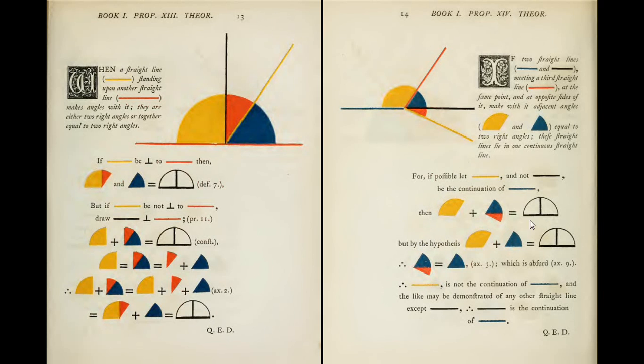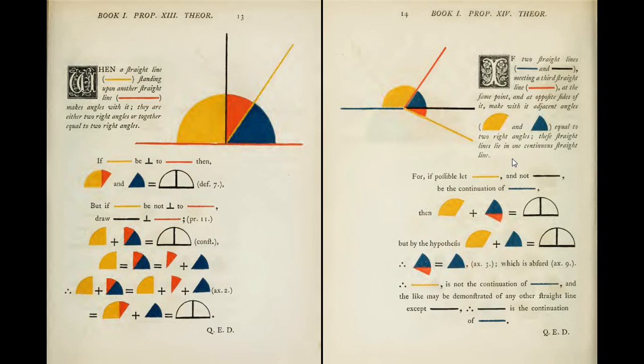this is a contradiction, right? Okay, and now he's showing that if we take another yellow line, the same point, make adjacent angles such as so, two right angles.